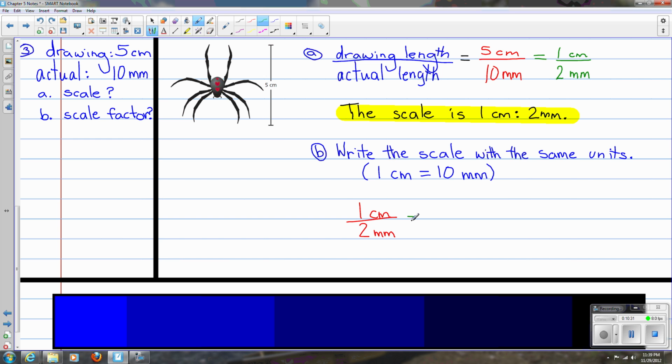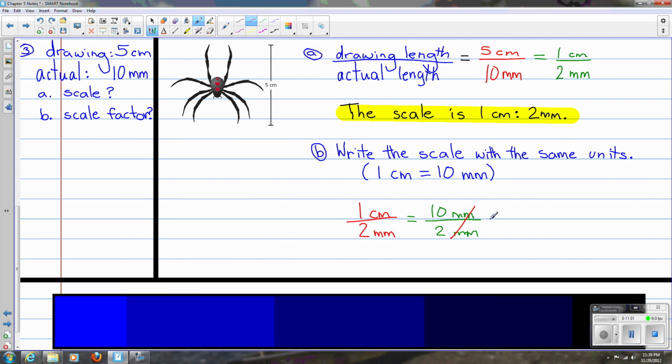And I know that 1 centimeter equals 10 millimeters. That was very easy to convert. And I'm not going to change the 2 millimeters on the bottom. The whole point here was to make the units the same. Okay. So now that the units are the same, I can get rid of them.